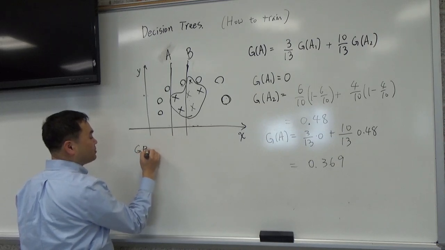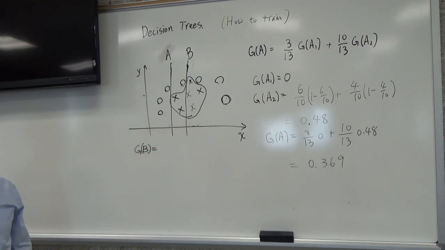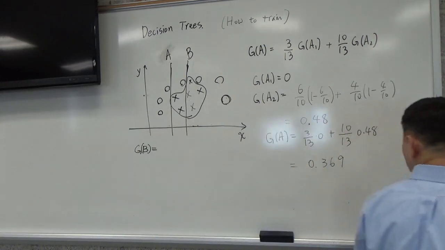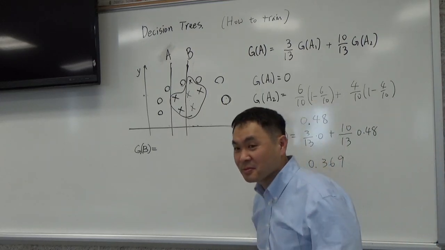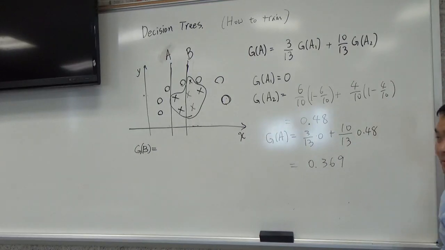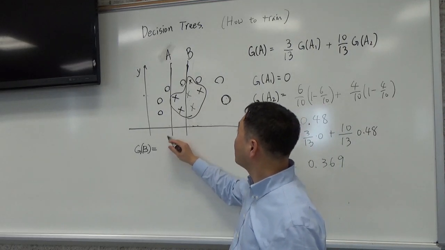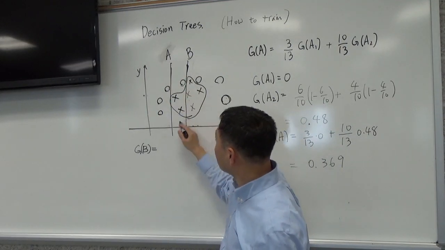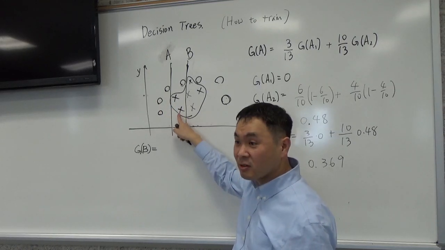G of B. You know, I think this is a good problem for you to try. Can you try G of B? It's a weighted average, so what number should I put for B1? 1, 2, 3, 4, 5, 6.